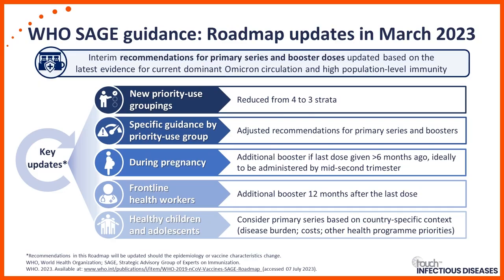Then another point is pregnancy, pregnant women. We all remember that in the old days, pregnancy was seen as a contraindication to vaccination. Then we had to learn during influenza waves that that was a very bad thing to do, because pregnancy is some form of immune suppression and pregnant women are more vulnerable.